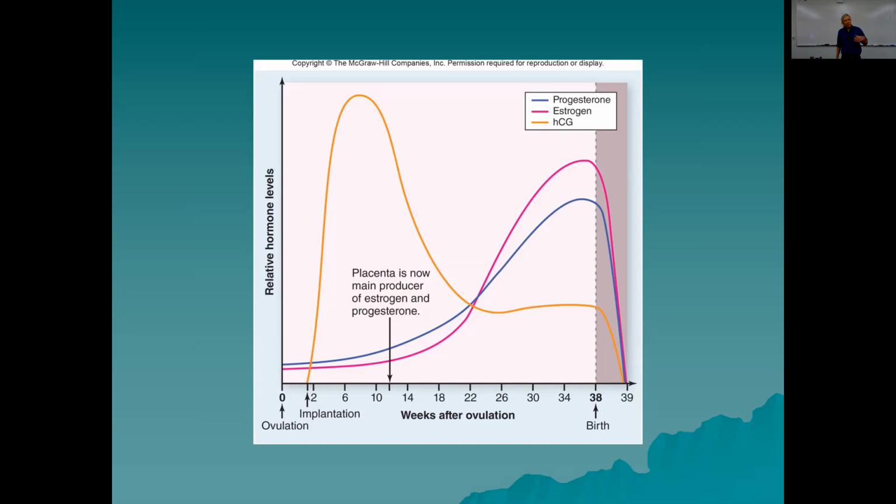Remember, it takes about 4 or 5 days for the conceptus, what's been ovulated, to make its way down the fallopian tubes by the cilia that's moving along, and then it bounces around the uterus for another couple of days. So it's like a week or a little bit more than a week before it actually implants.